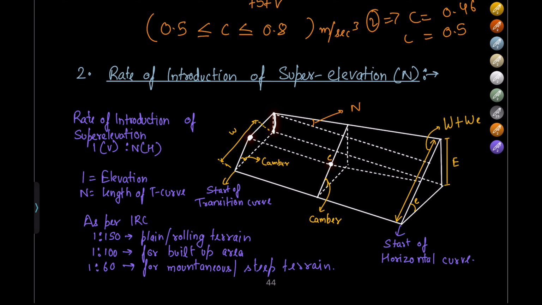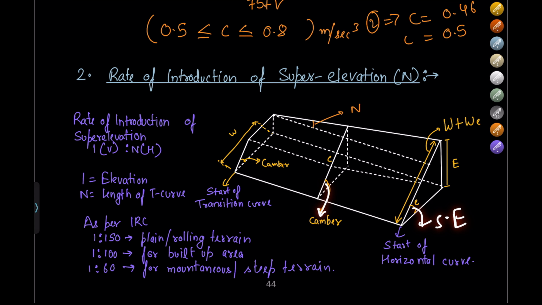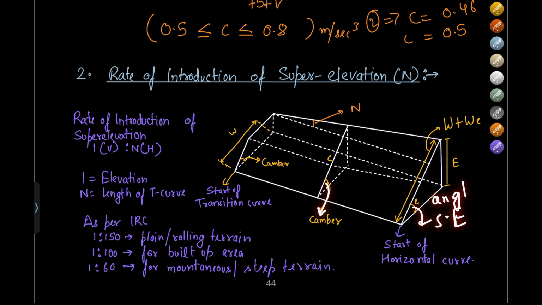Here the outer edge has been raised from this to this value and the road is in a straight position now. After that, the whole road is rotated from this position to this position, right? The angle for this is equal to camber and this is equal to the angle of super elevation, right?